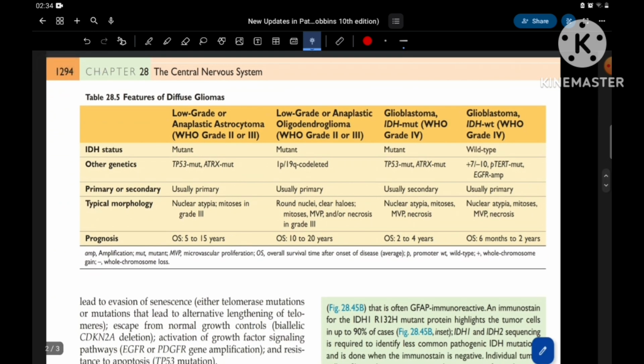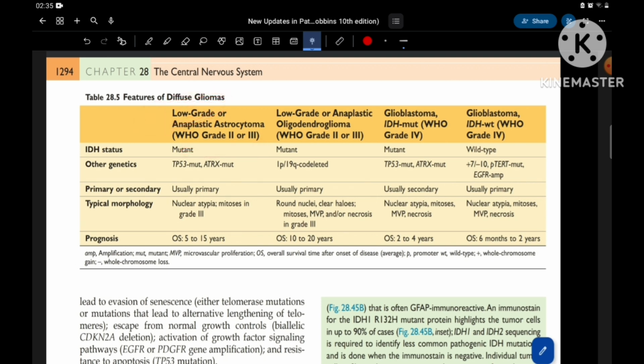Guys, I am not just going to read it as such. To give you a start, I just read it, but I'll explain it right away. See here guys, this anaplastic astrocytoma, though it has been given grade 3, they have given it as WHO grade 2 or 3, but they have classified it as low grade only.